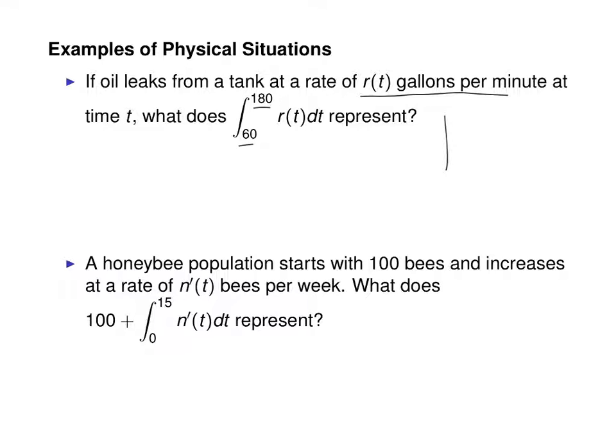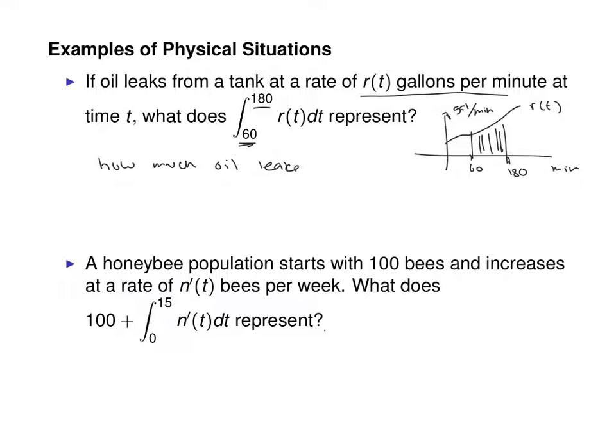You have an R of T function that's positive, and the y-axis is measured in gallons per minute, and this axis is measured in minutes. So it tells you how much oil leaked out, in gallons, from T equals 60 to T equals 180.